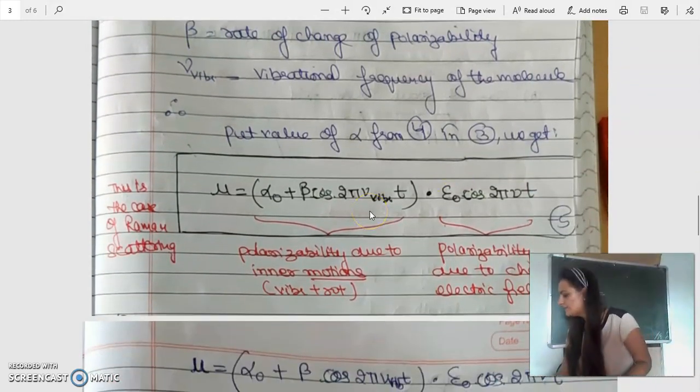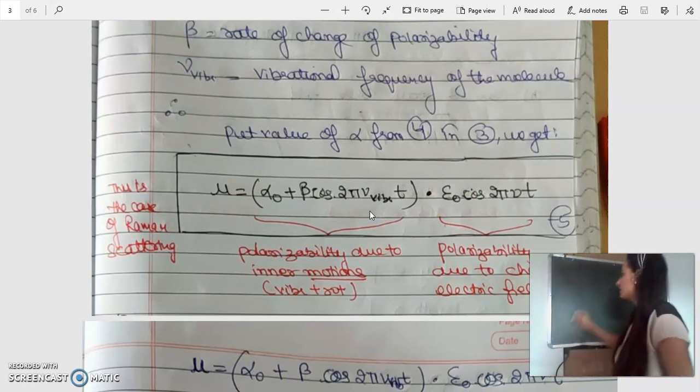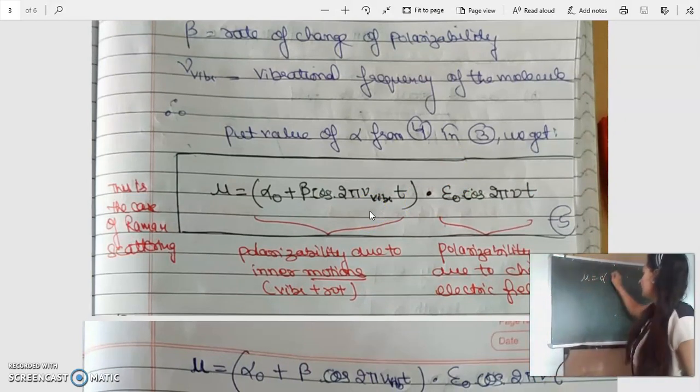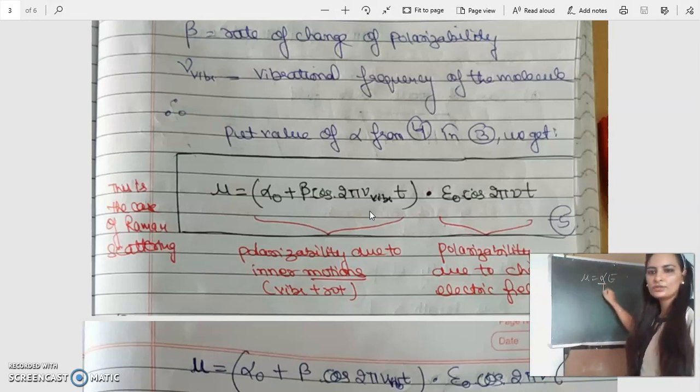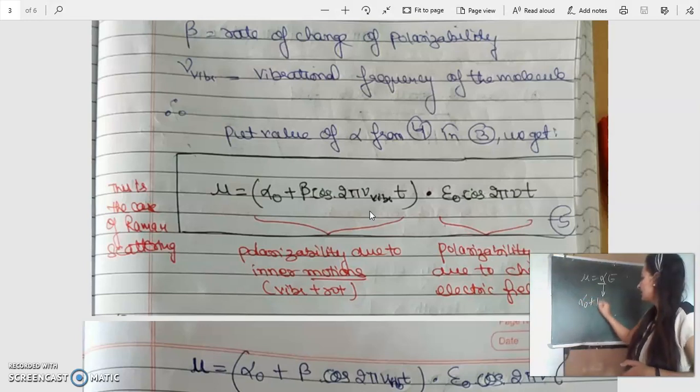Now you have the value of alpha as well as E. So you have mu equals alpha E, and you can put the value of alpha from this equation, alpha naught plus beta sine mu vibrational t, where this is the frequency of the molecule, plus the value of the electric field which we already derived before, that is E naught sine mu t.